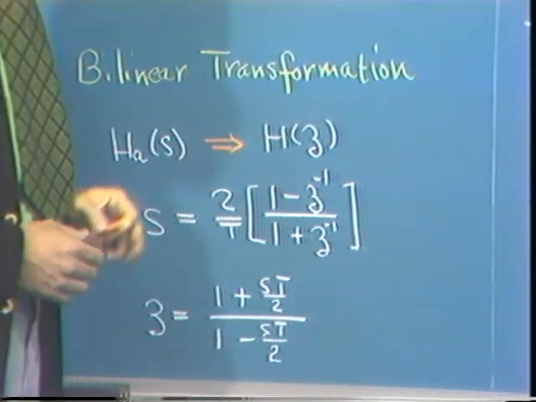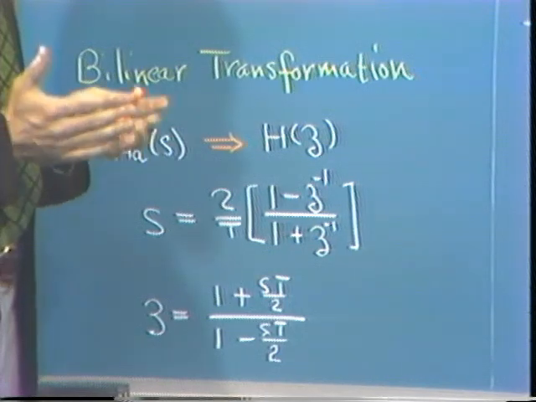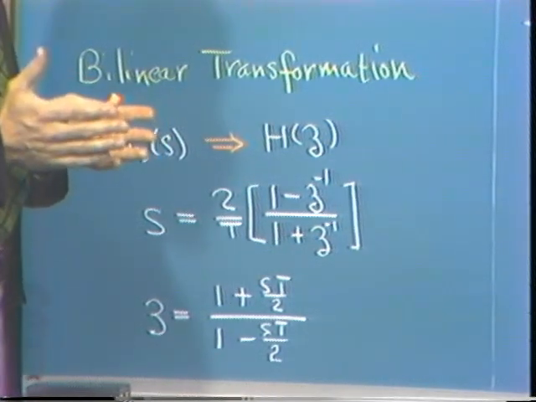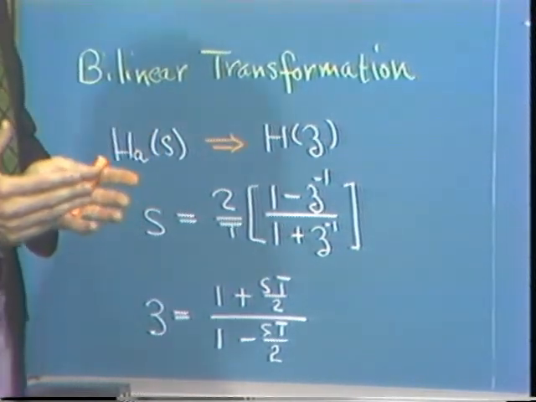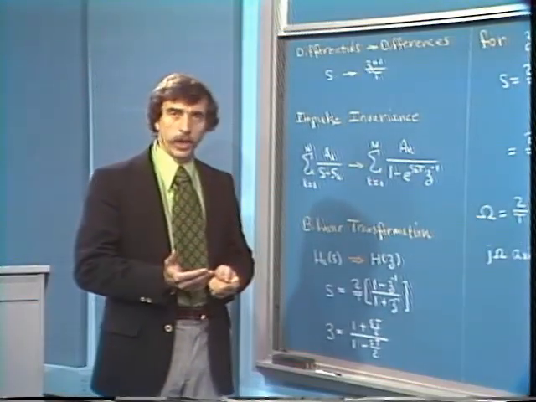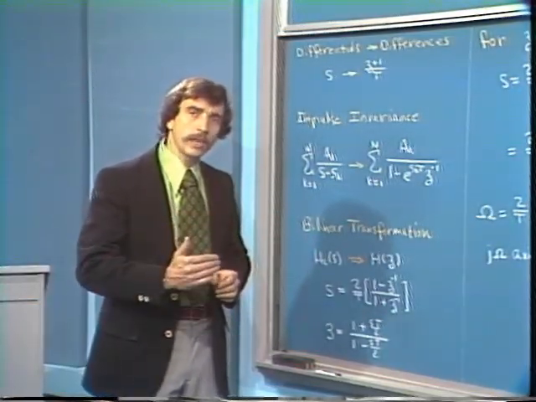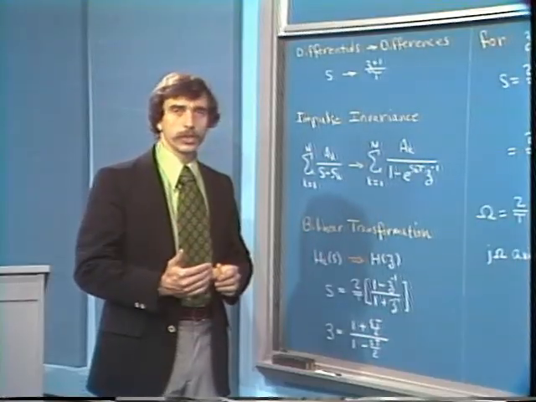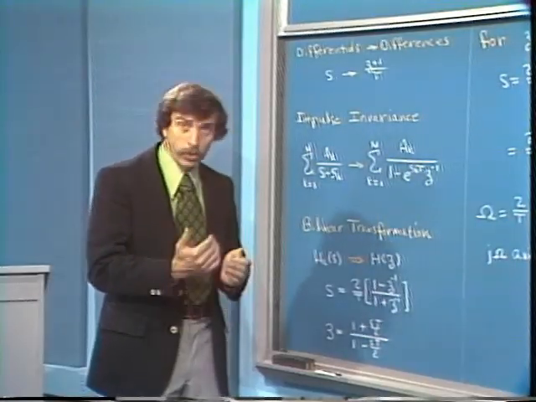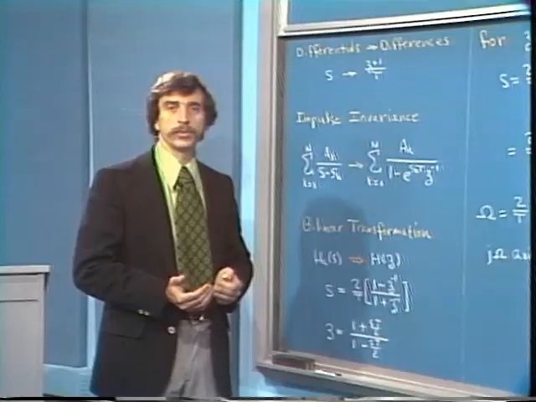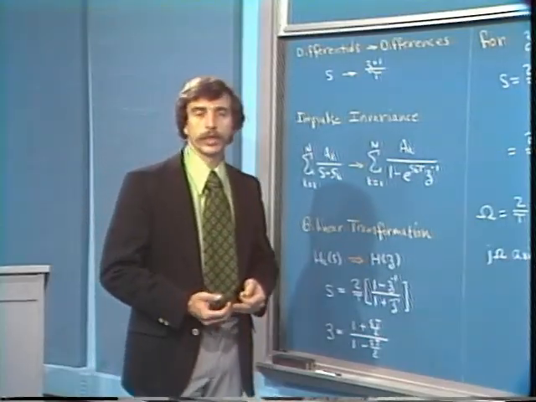This can be derived essentially by beginning with a continuous time differential equation, integrating the equation to obtain an integral equation, and then approximating the integrals using the trapezoidal rule. In other words, replacing the integrals by sums using the trapezoidal rule for integration.